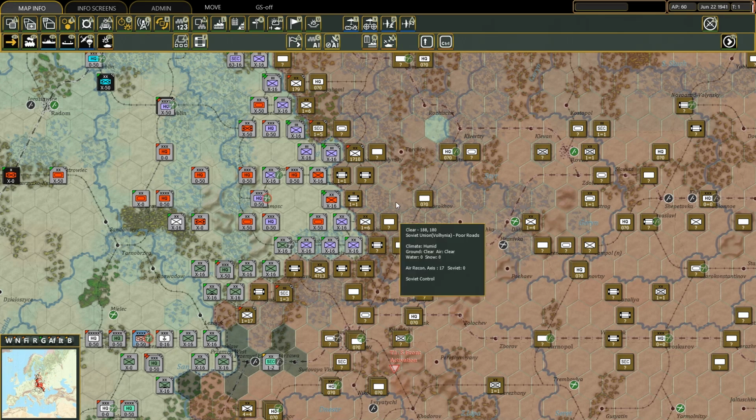Unless you're willing to spend more movement points, but it's really not worth it.